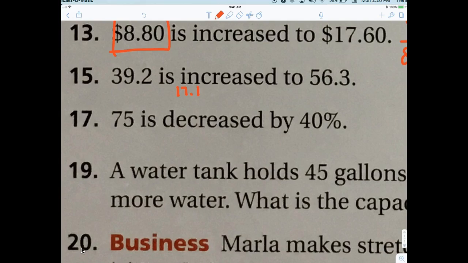Now listen, you don't have to worry about the positive or the negative. If you subtract them, the answer is either positive or negative, right? But it's an increase, so automatically, instead of being negative, it's a positive. Then we have to divide that by what? 39.2.